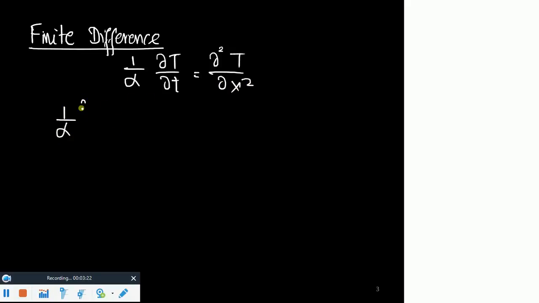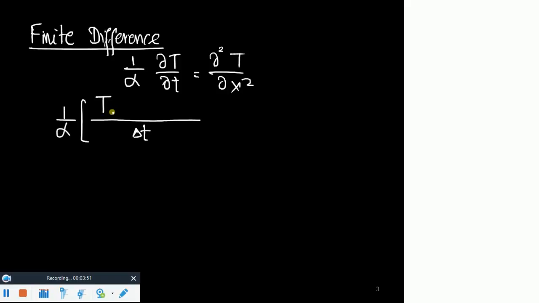Now this 1 over alpha is a constant, that would come as it is. And here we have partial T by partial t, which means I am taking the derivative of temperature with respect to time. By looking at the previous pattern, you can put delta t in the denominator, isn't it? Last time in the denominator you had delta x, so this is delta t.